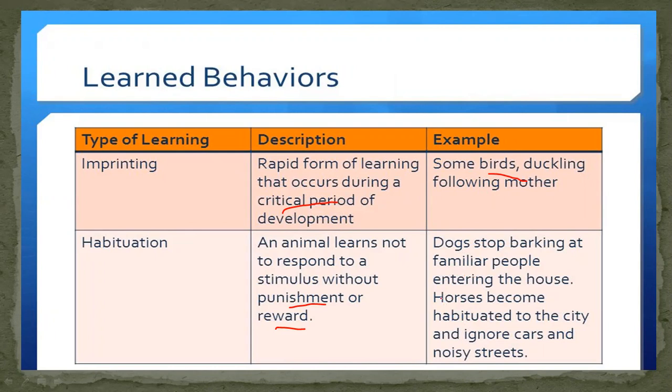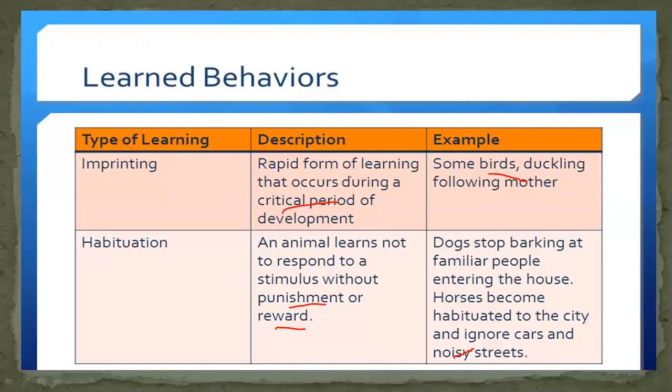Horses become habituated to the city and ignore cars and noisy streets because they are raised in places where these situations are common. So they just ignore all these circumstances.